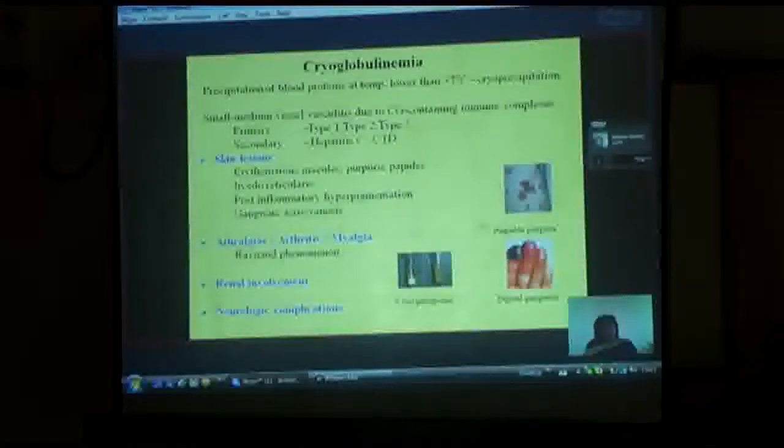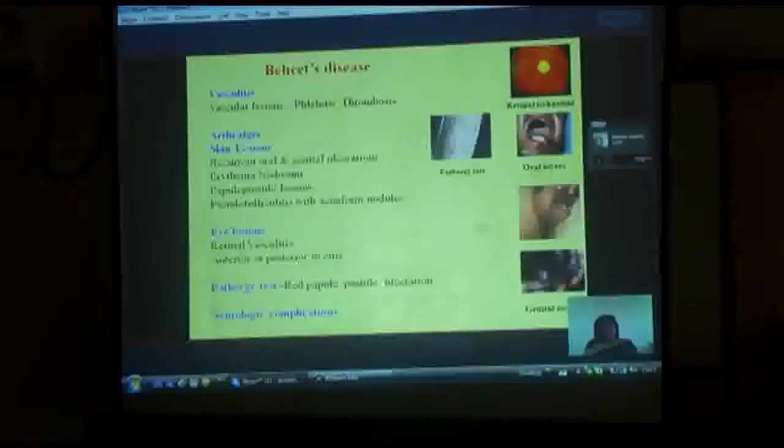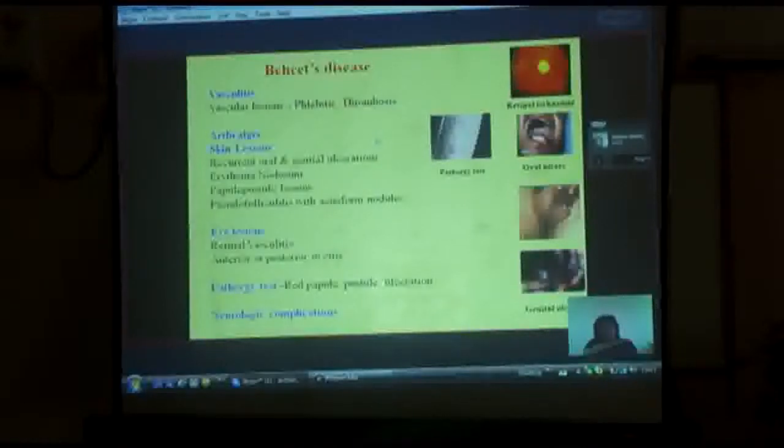Behçet's disease, again a vascular lesion. The vascular lesions present with phlebitis or thrombosis. We see them with severe joint pains. The skin lesions are characteristically recurrent oral and genital ulcerations. Papulopustular lesions and erythema nodosum are fairly common. Pseudofolliculitis with acneiform nodules is not uncommonly seen in these patients.